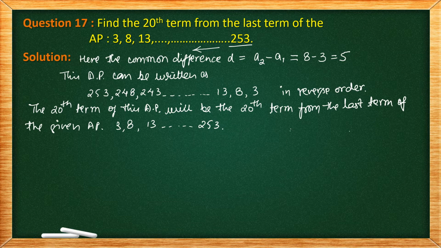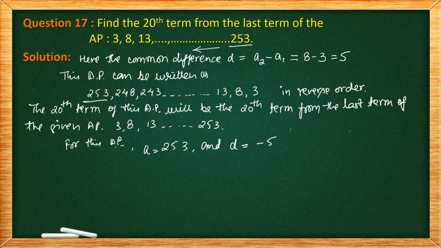Now here you can see for this AP, the first term A is 253 and the common difference D is minus 5.